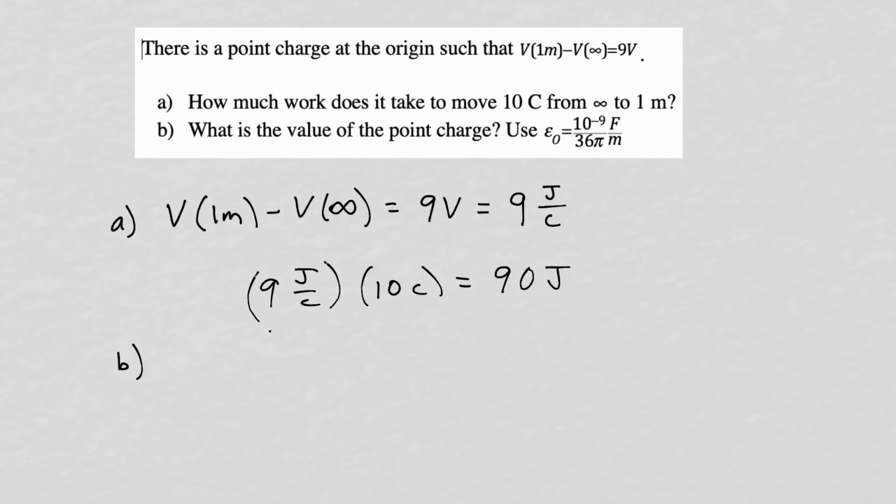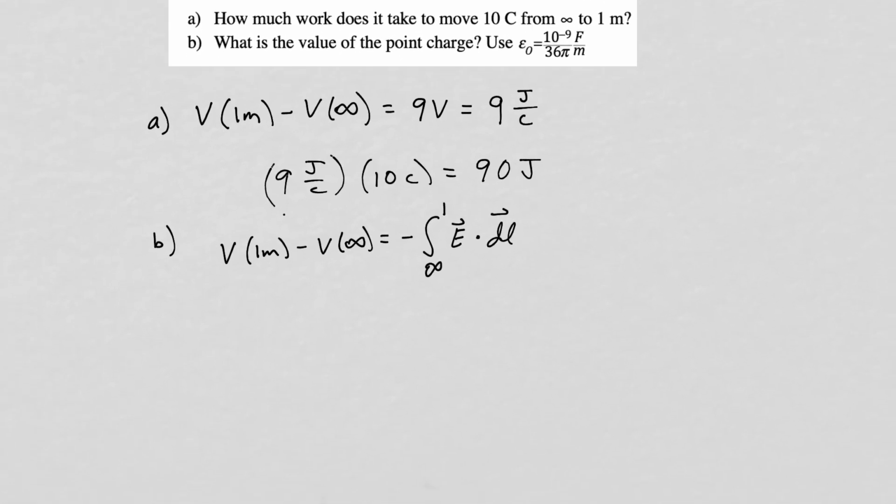Now you are asked for the value of that point charge at the origin. To find the potential difference between 2 points, you integrate minus E dot dl from one point to the other. For a point charge at the origin, we know that the electric field intensity is the value of that point charge over 4 pi epsilon sub 0 times r squared, and it's in the radial direction.